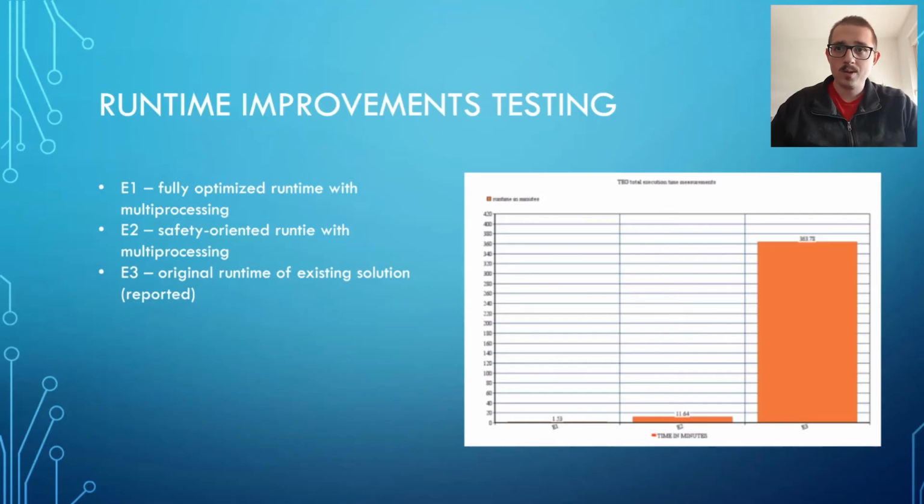The second line is using a SQL database, but having it all be as stable and as safe as possible, so no optimization, but still using multiprocessing, which I found to be core, and did not even do testing without it, which turned out to be around 11 minutes. The original runtime can be seen as a third column, which is reportedly around 6 hours.